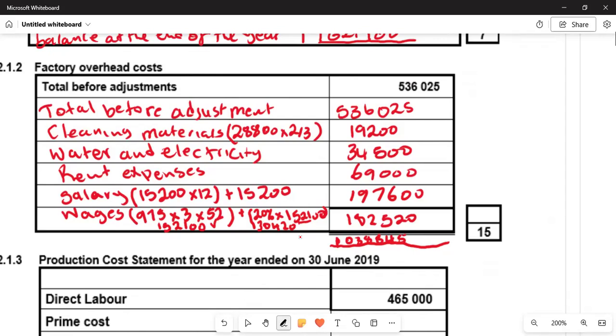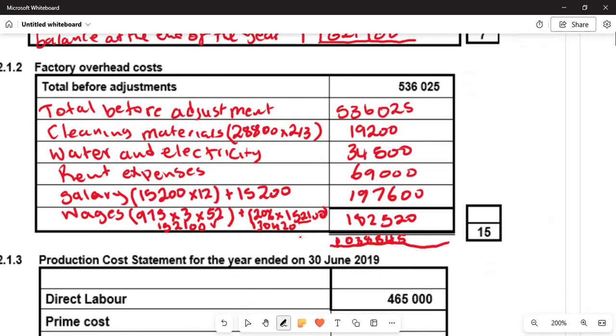So this is how we calculate the factory overhead cost. Pay attention to the adjustments when you do the factory overhead. Where there are adjustments, make sure you pay more attention to them and treat them as expected.